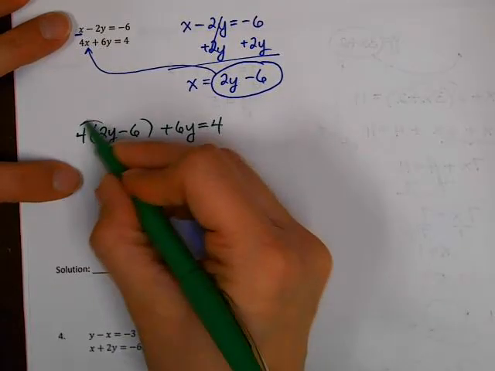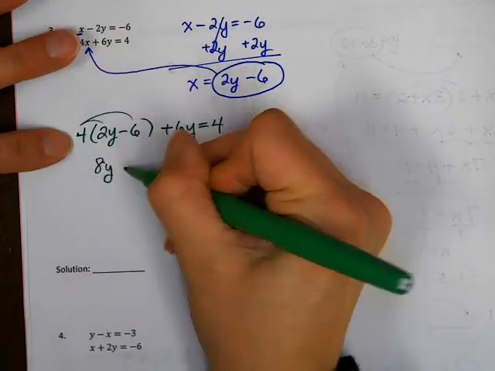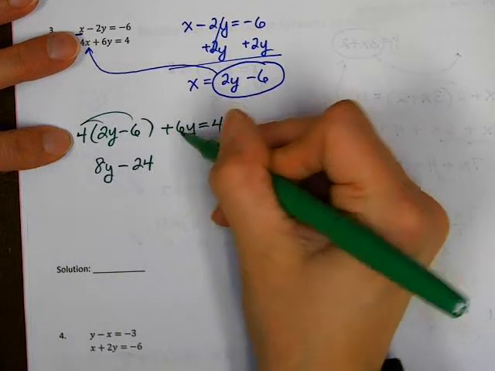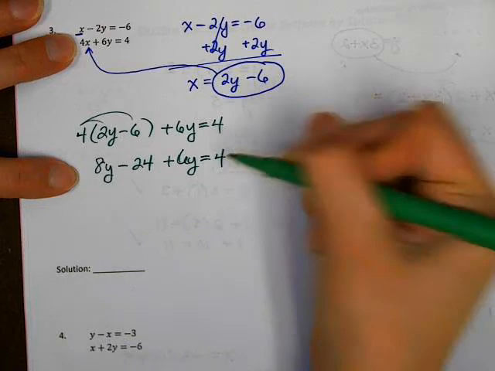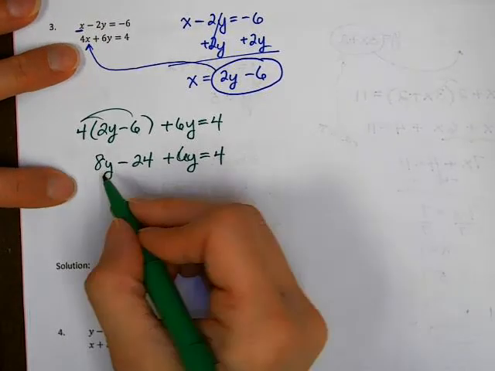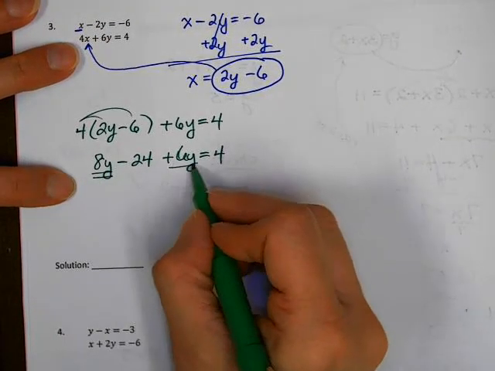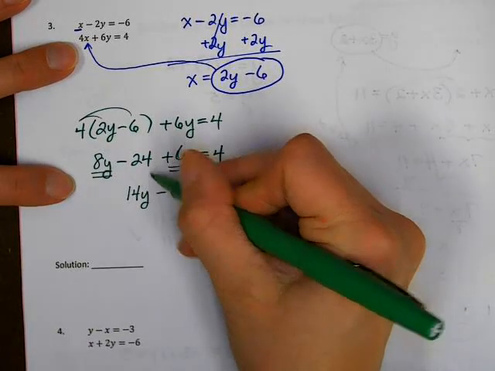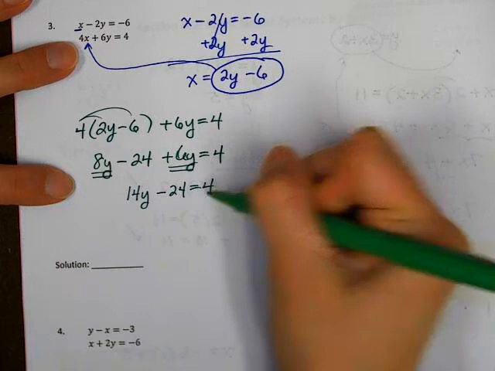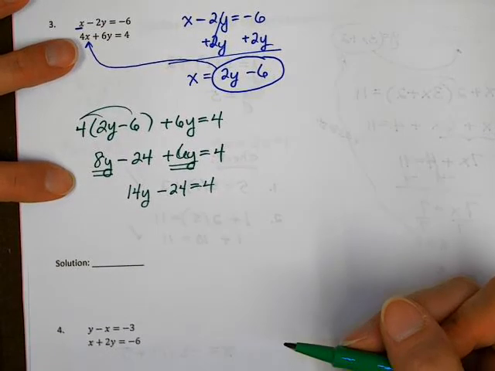All right, here we go. Let's distribute the 4. 8y minus 24 plus 6y equals 4. Let's go ahead and add our like terms. 8y plus 6y is 14y minus 24 equals 4.